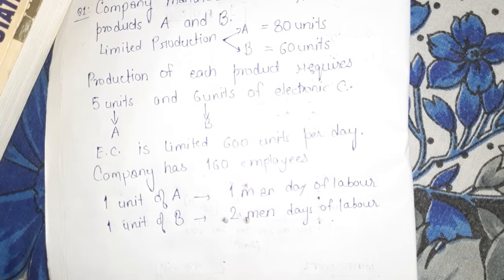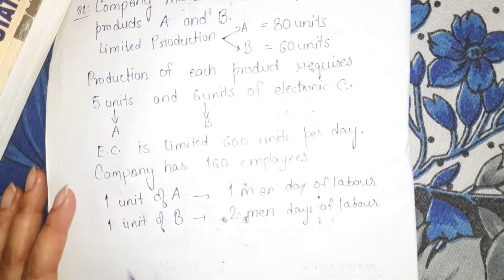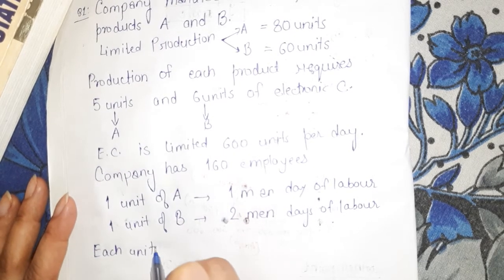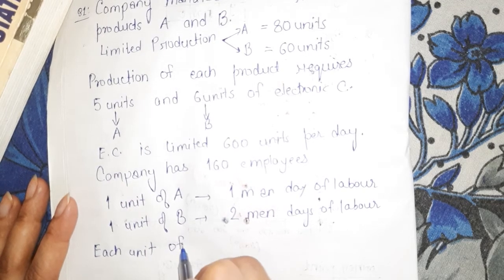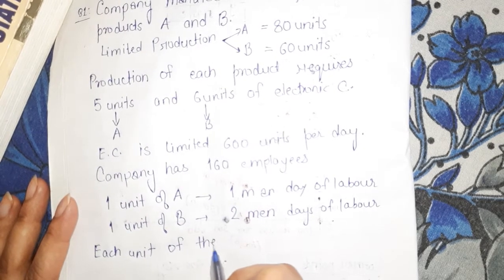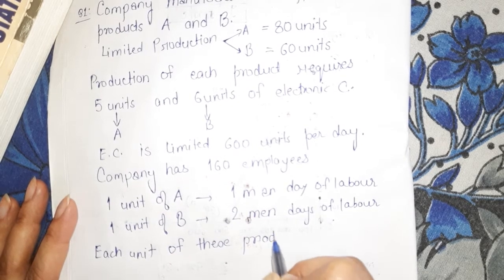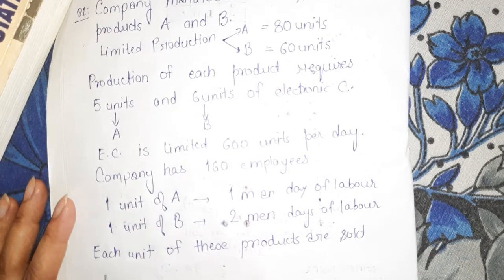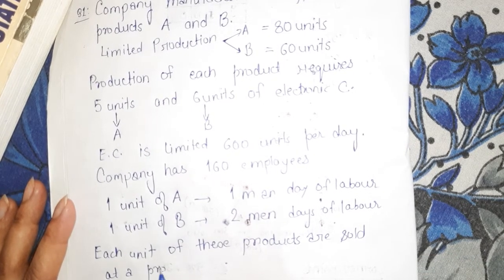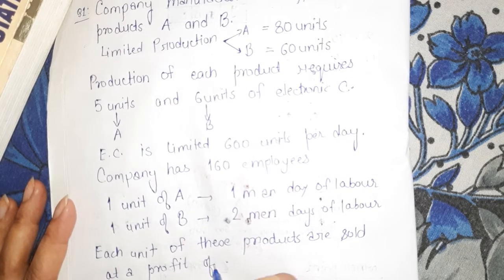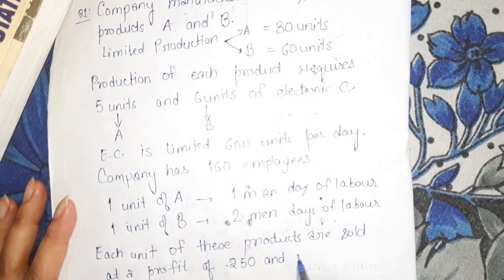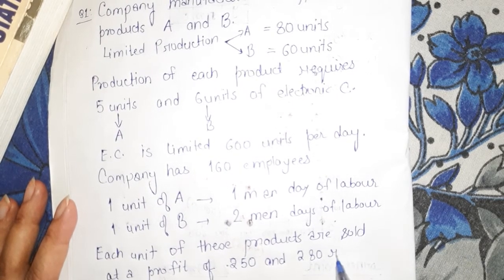Each unit of these products is sold at a profit of rupees 50 and rupees 80 respectively.